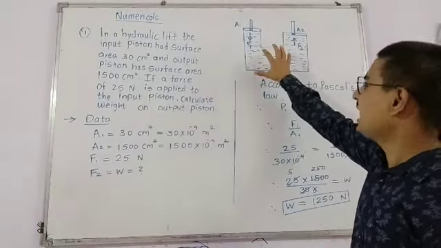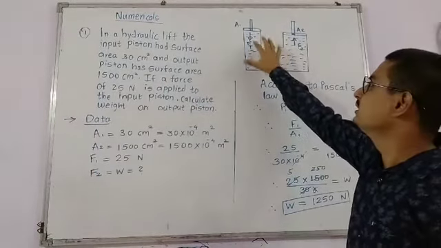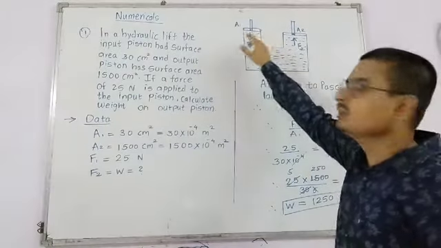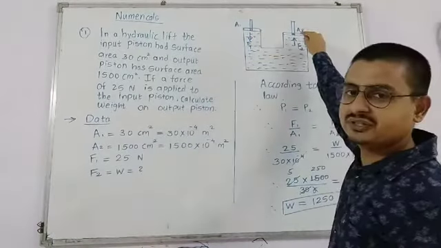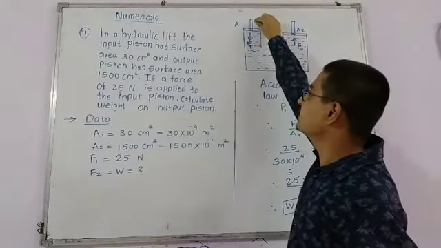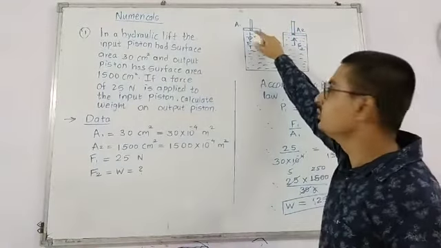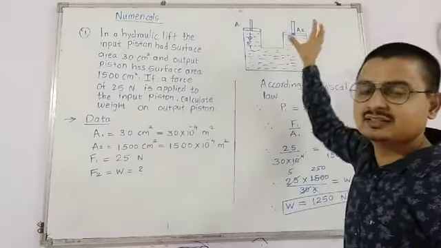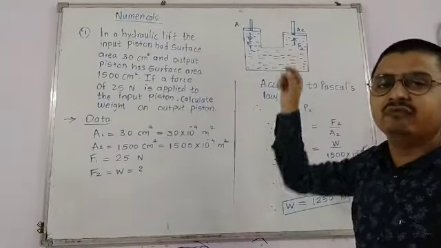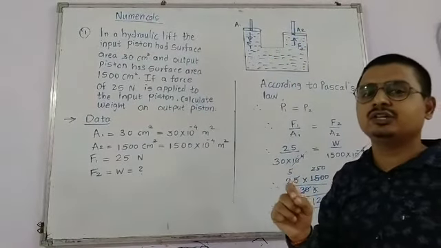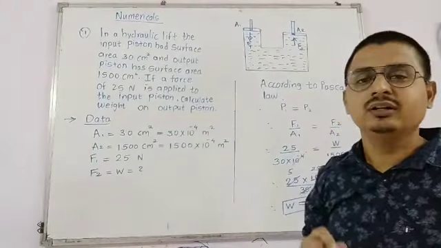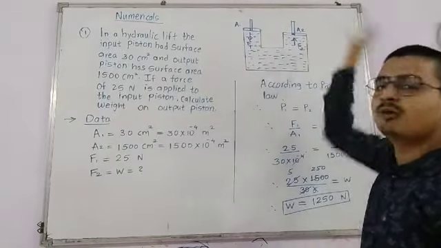So this is an example of Pascal's law, जहाँ पे एक input piston है, there will be an output piston. Whenever the force is given to the input piston, the fluid present in this hydraulic lift will transfer this pressure to each and every part of the liquid as well as on this output piston.